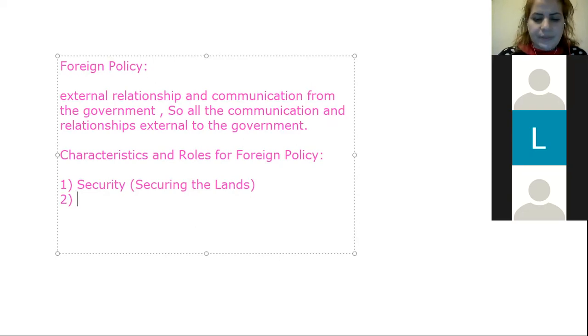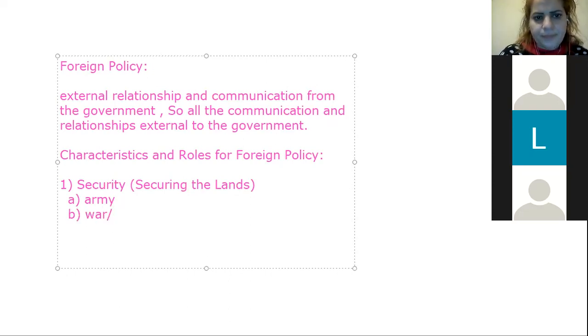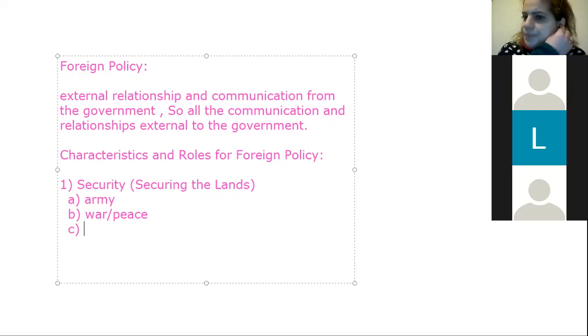Security includes army, right? Army, war, peace. What else?